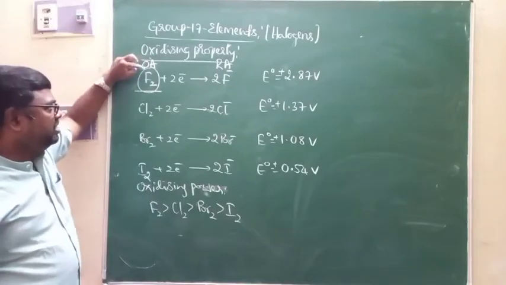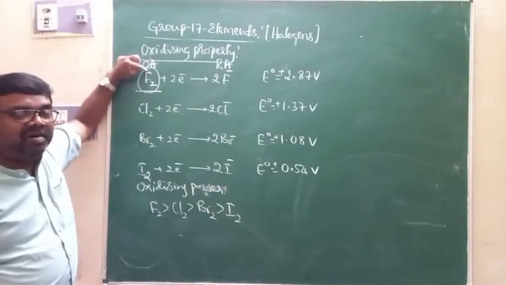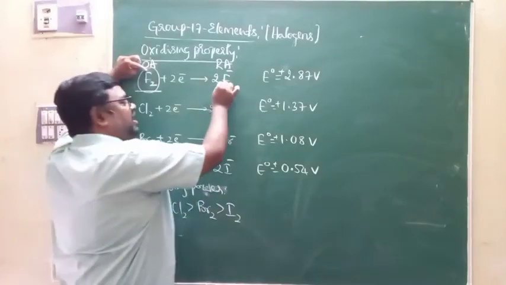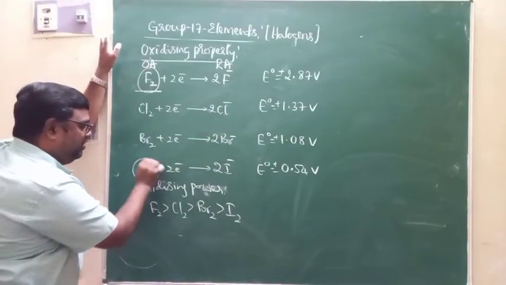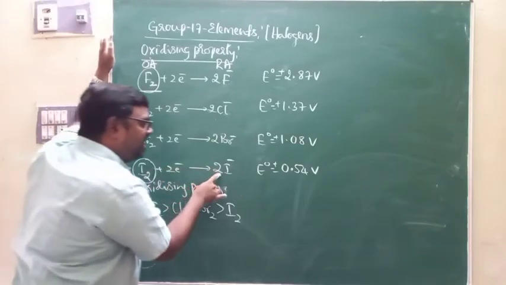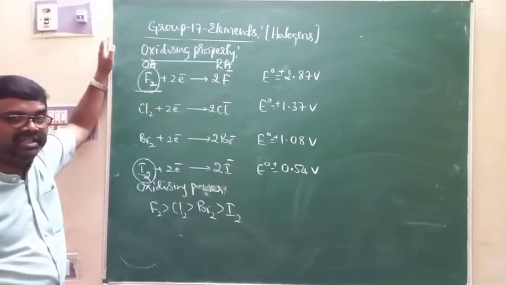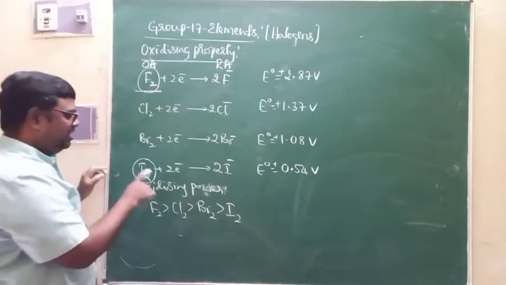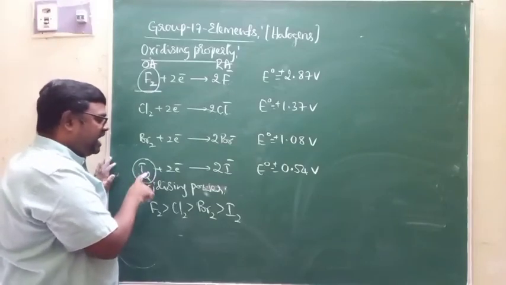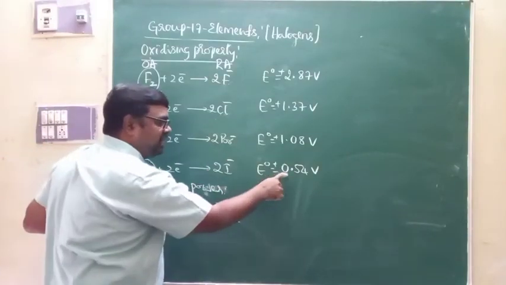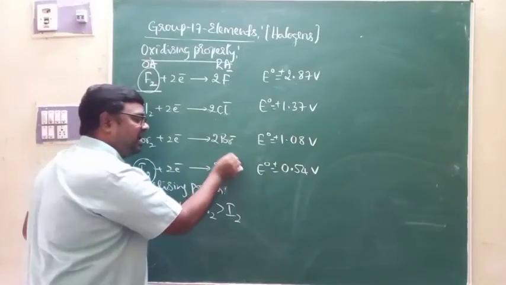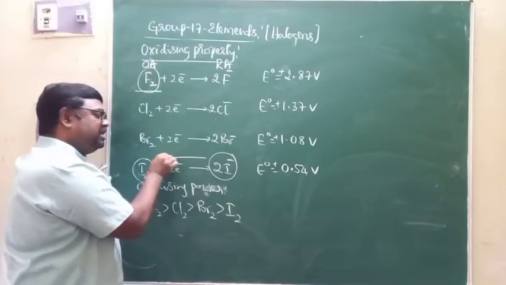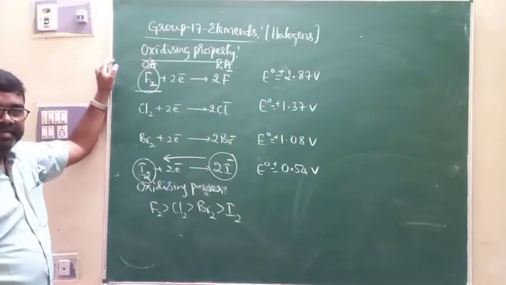I said fluorine is a powerful oxidizing agent, therefore F minus is the weakest reducing agent. I2 is the weakest oxidizing agent, therefore I minus is the strongest reducing agent. In the case of iodine, the tendency of gaining electrons is less. Iodine has less tendency to undergo reduction. Means I minus has more tendency to undergo oxidation.